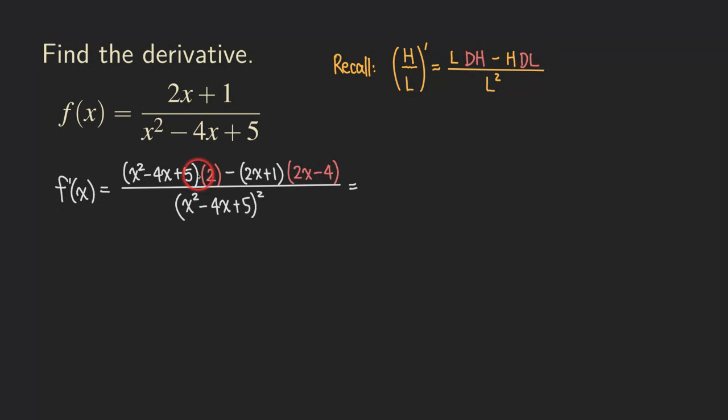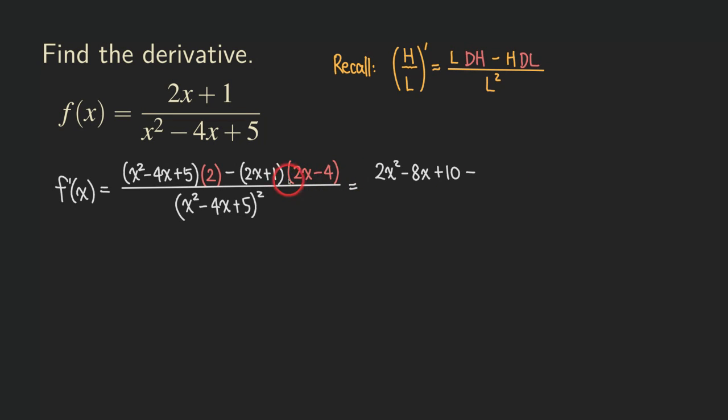We are going to distribute the 2, so we get 2x squared minus 8x plus 10. And then minus. Now this one right here, we actually need to FOIL first, and then we are going to have a minus sign in front of that. So we need to distribute this negative 1 into all the terms after we do the FOILing.